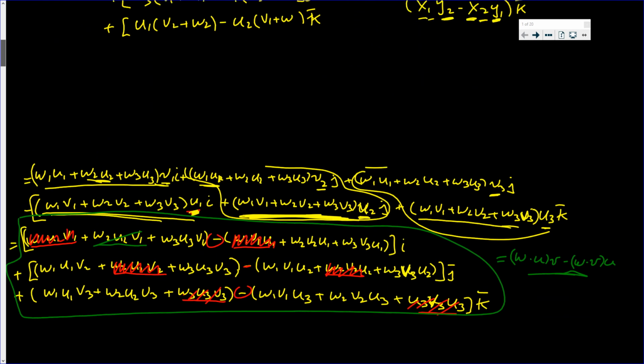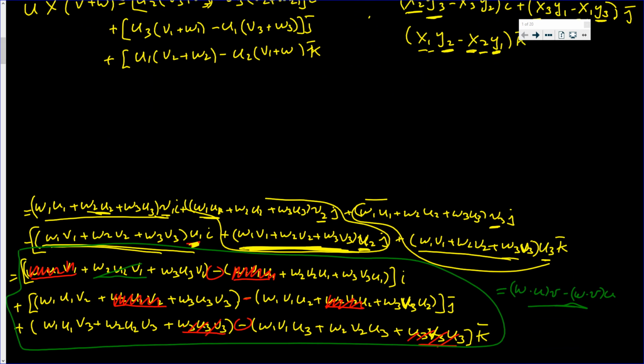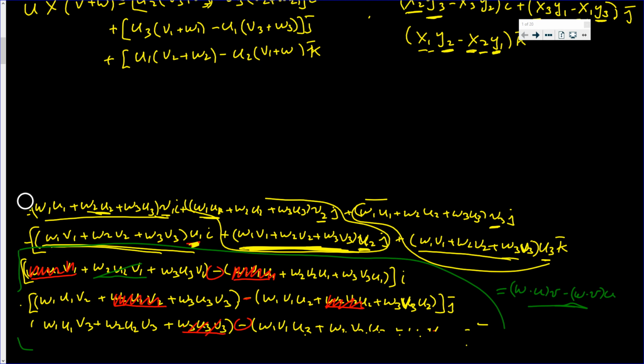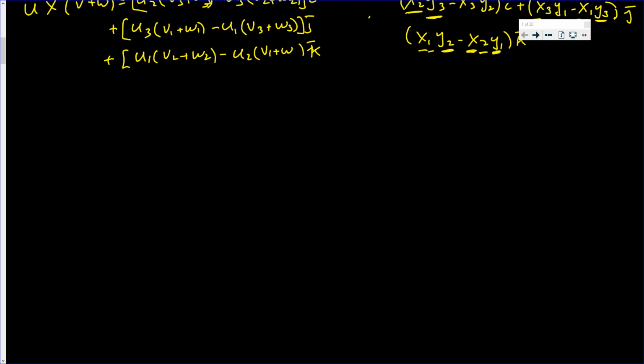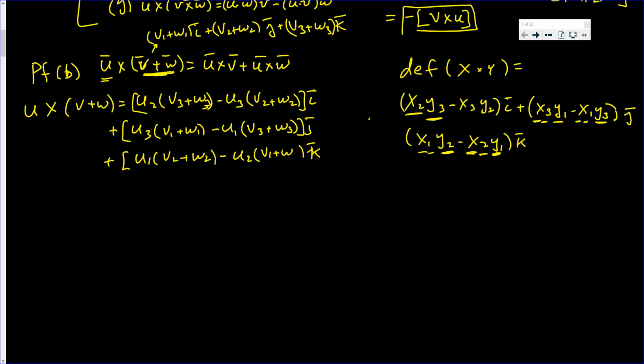First, let me erase this, please. Okay, so now let's distribute the U's, but let's only distribute them to the V first.